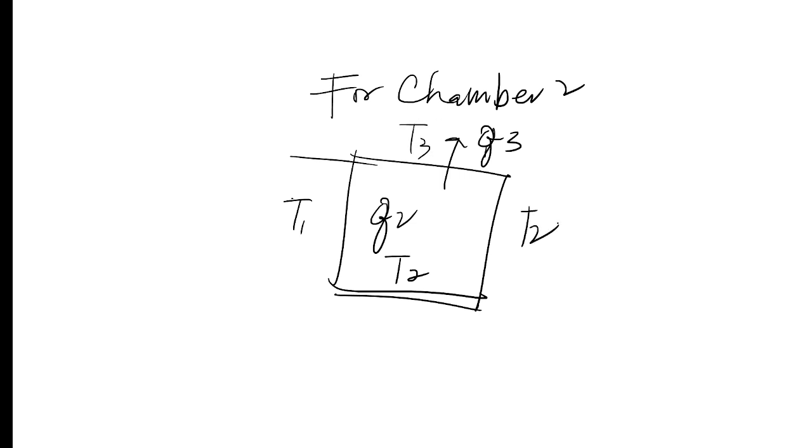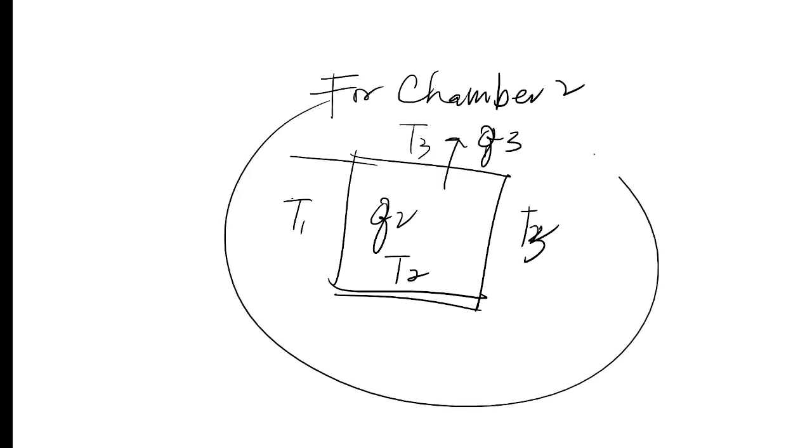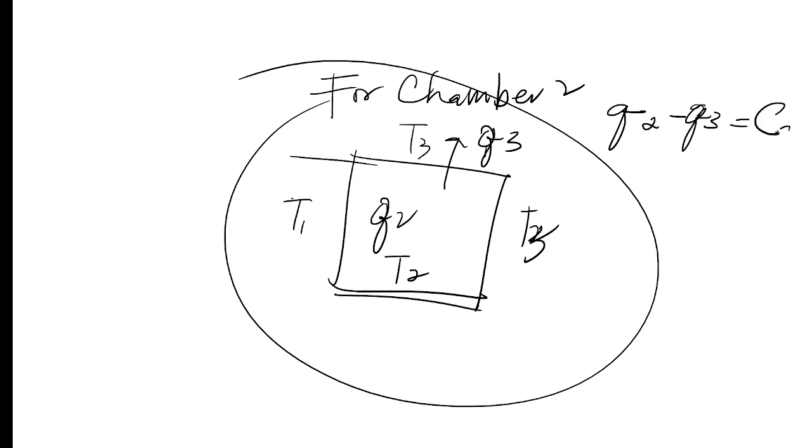Since we are just concerned about chamber 2, the equation is this: Q2, minus, it goes out, we'll get the net effect, Q3 equals C d over dt of T2, because we are in chamber 2, or room 2.